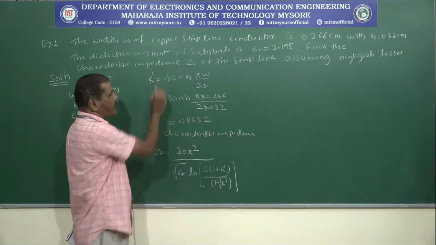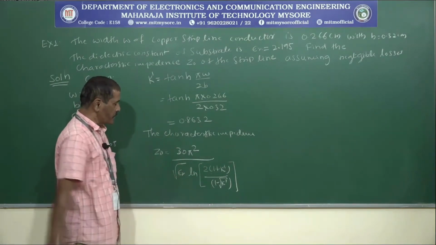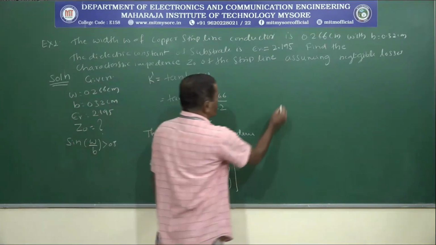We have calculated the K dash value; substitute it in this equation to get Z0.